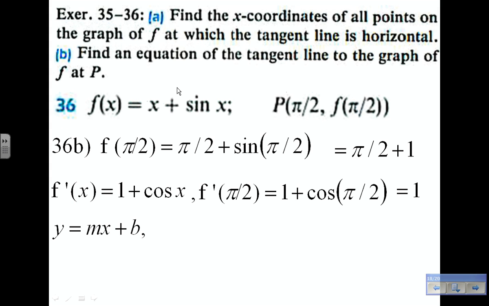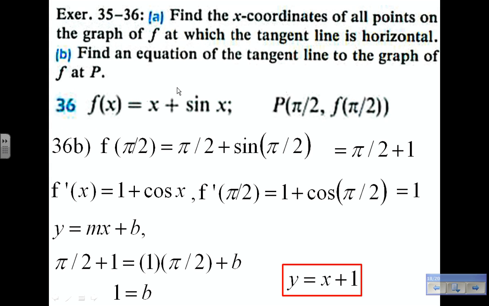Oh, because it'll cancel out. Now you could go the other way too. This one has a nice and clean answer, though, y equals x plus 1. Yeah, because I knew if I subtracted the y and the x that they would subtract off, since the slope was 1. You could do it the other way also.